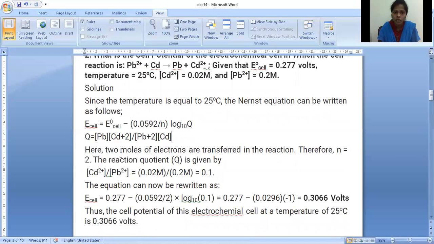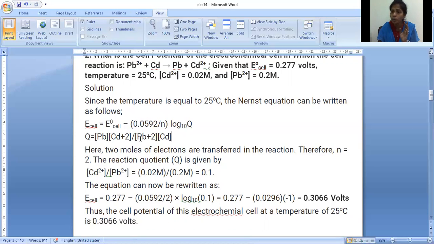See here, 2 moles of electrons are transferred in the reaction. Because of that reason, we got n equals 2. Cd is losing 2 electrons to produce Cd plus 2, and Pb is losing 2 electrons to produce Pb plus 2. So here the number of electrons is 2.